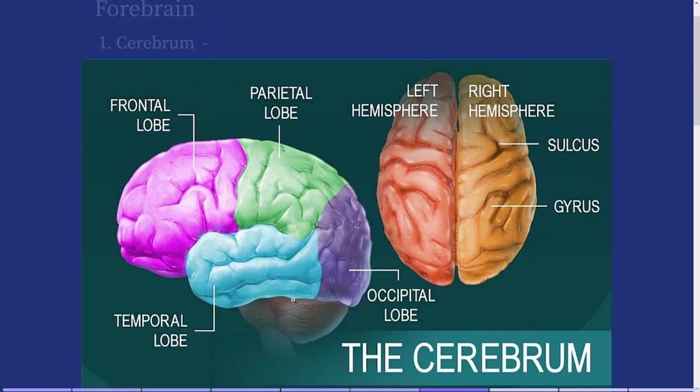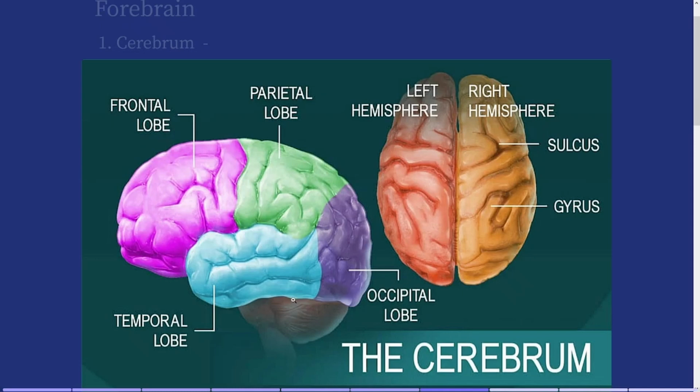One thing you need to remember about the regions in cerebral hemisphere is that cerebral hemisphere is divided into two parts. There is an outer cortex and there is an inner part. So the outer cortex of the cerebral hemisphere appears grayish in color because it has concentrated cell bodies of nerve cells. And the inner part appears whitish in color because it has the myelinated nerve axons.